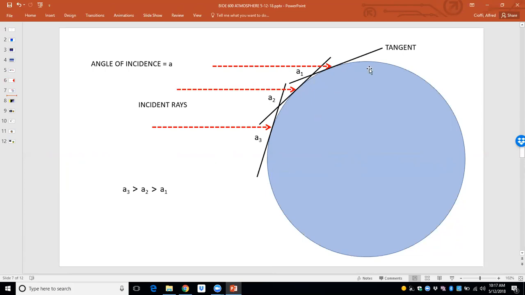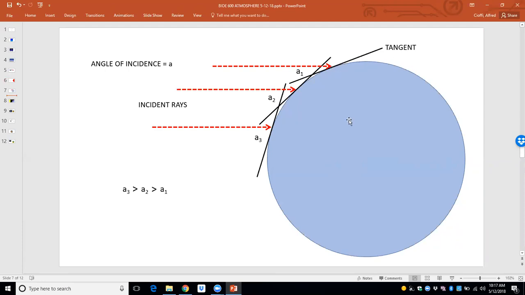All right, now, you know what a tangent is in geometry? Remember geometry, a tangent is a straight line that only intersects the surface of a circle, known as the perimeter, right? At one point, a geometrical point. So again, the tangent is a straight line that touches a circumference at one point.